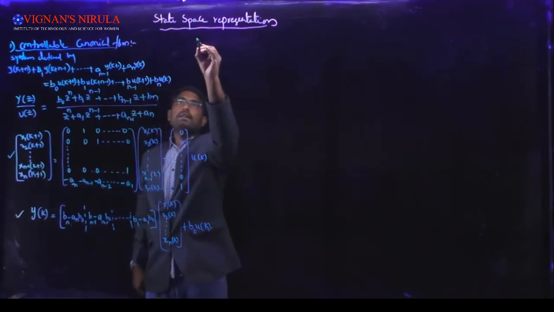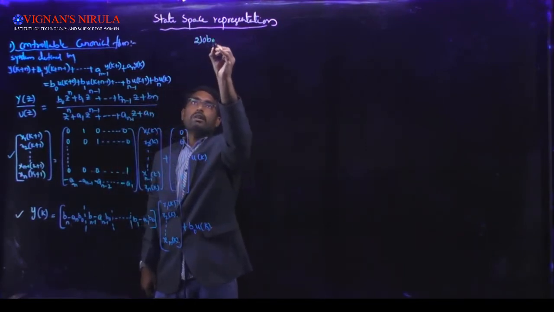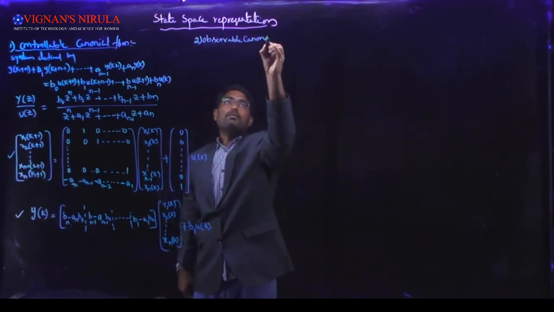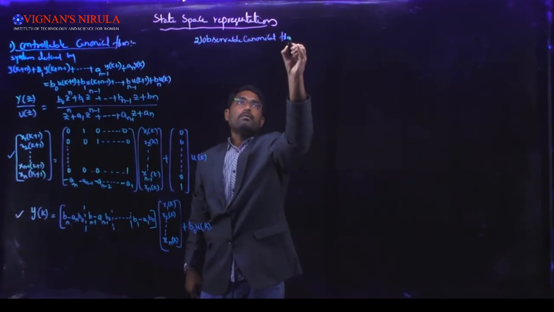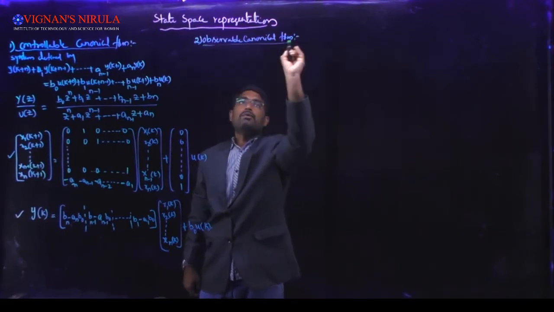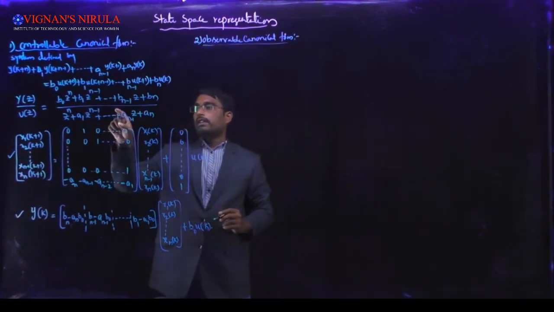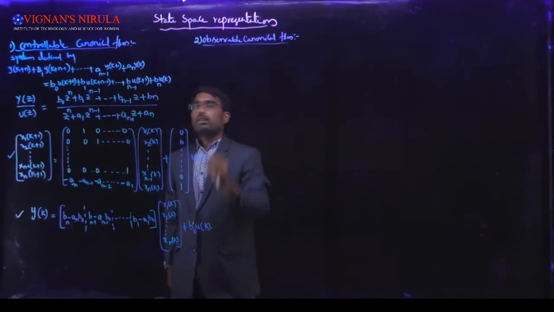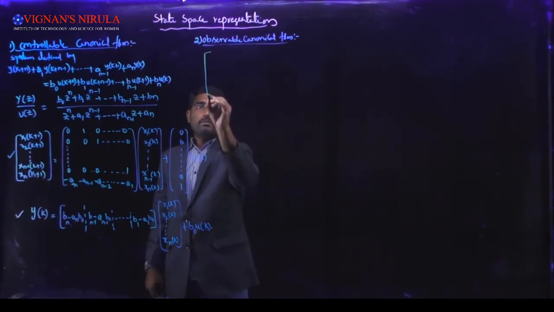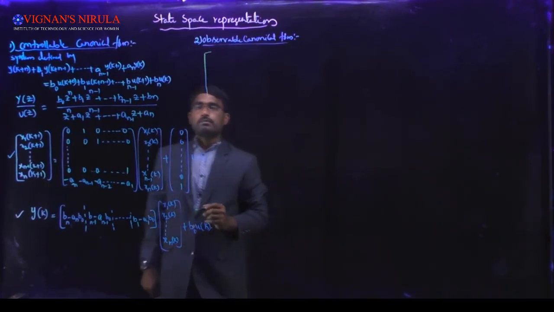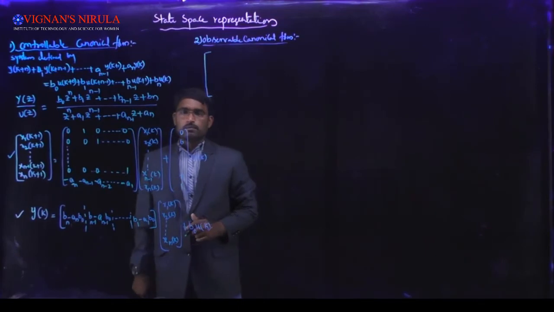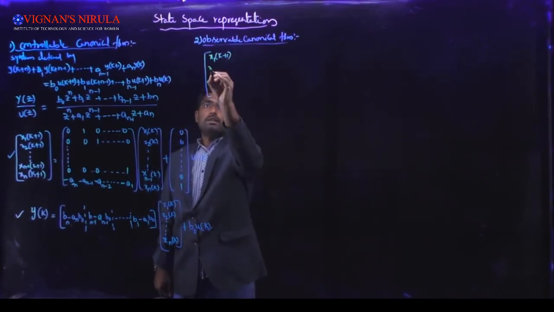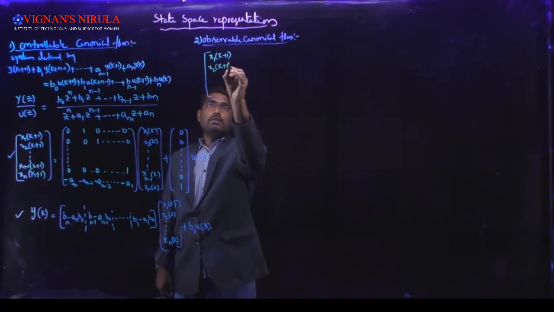Next, let us see the observable canonical form for the same system. How to write it in state space form? If you write the state space representation for the same pulse transfer function in terms of observable canonical form, see here. This will be x1 of k plus 1, x2 of k plus 1, and so on.